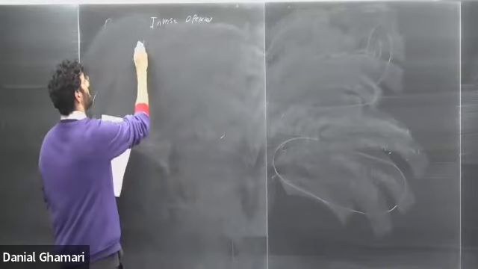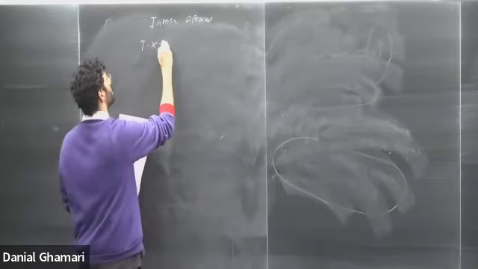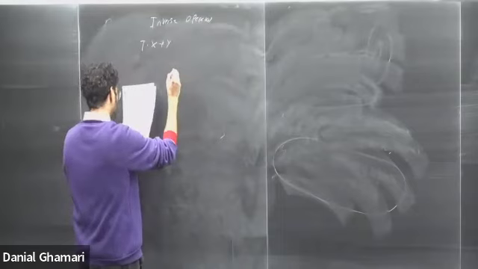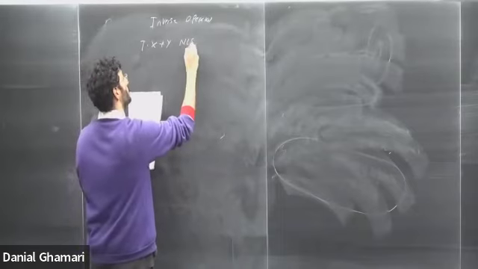Let's say T goes from a normed linear space X to Y, where X and Y are normed linear spaces.